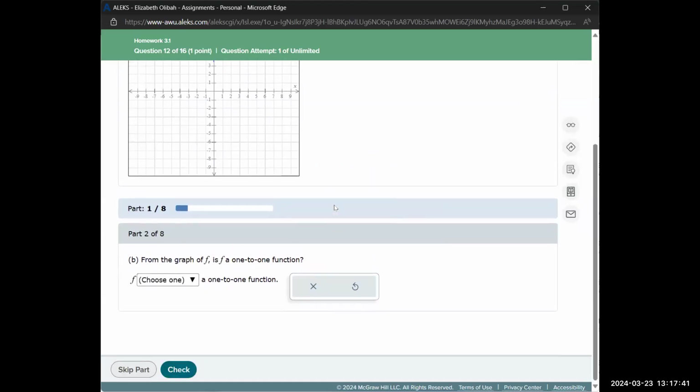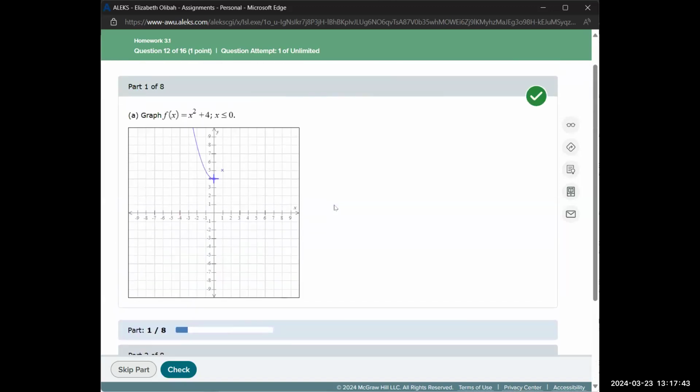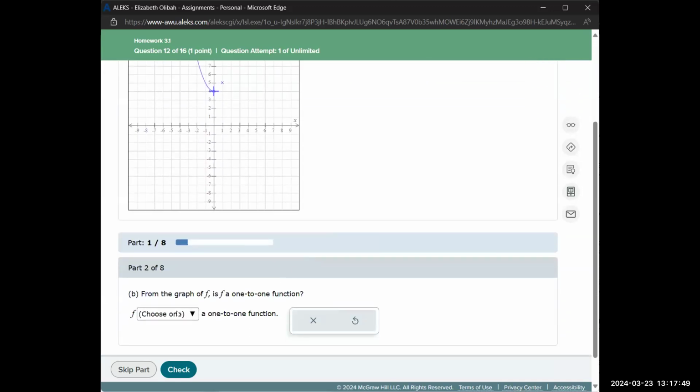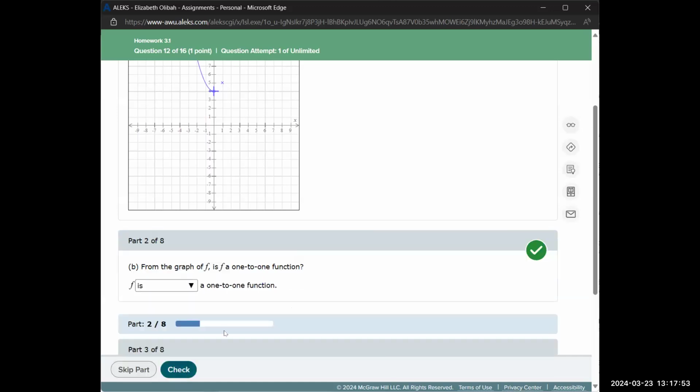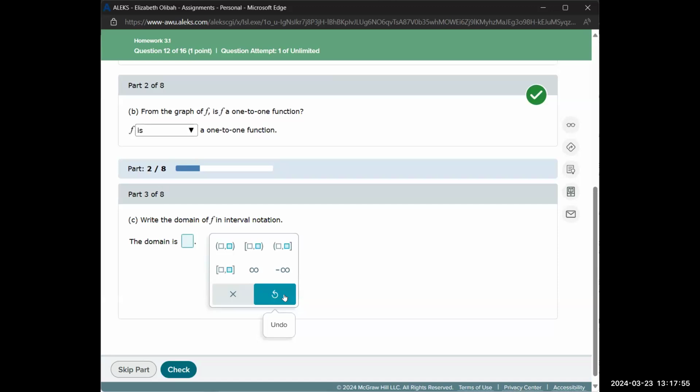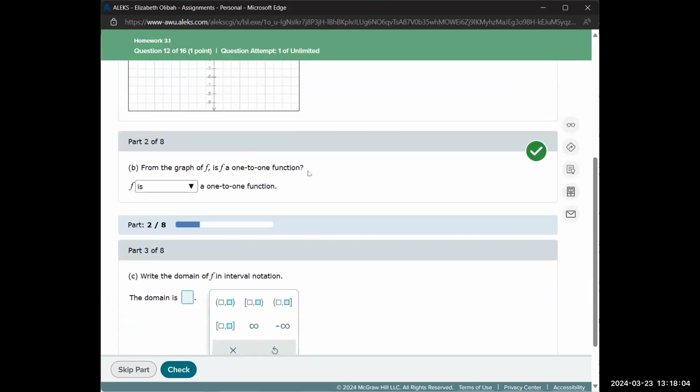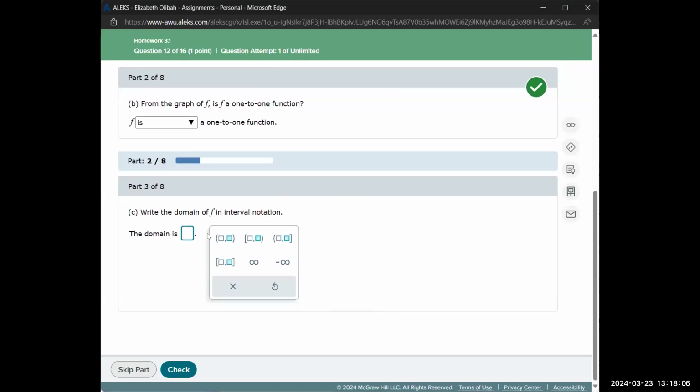From the graph, is it 1-to-1? Well, it is a function, and it is 1-to-1 because it passes the vertical and the horizontal line test. What is the domain? We're coming from -infinity. It would normally be to +infinity, but because we cut it off at 0, I need to cut the domain off at 0.